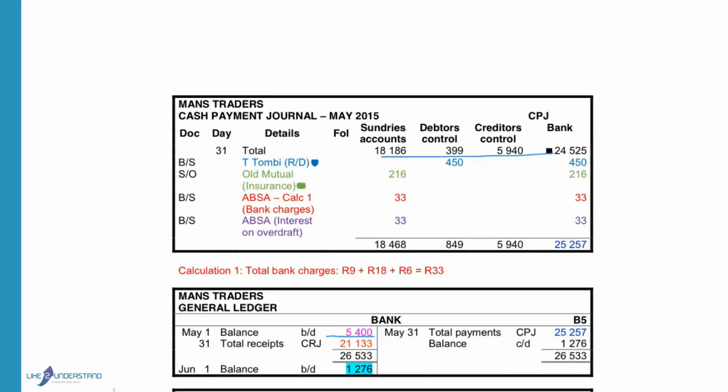In the cash payments journal, we will indicate that there was an expense paid to Absa. The expense is called bank charges, and it was for 33 Rand. And we also have to pay interest on overdraft to them of 33 Rand.